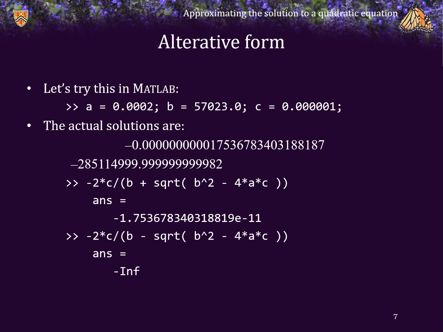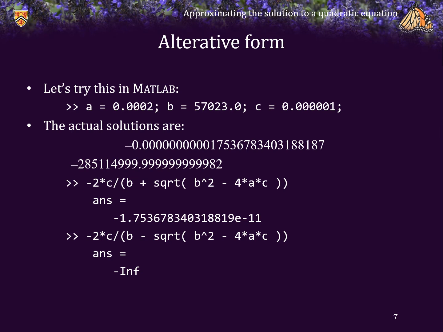Okay, so now we have two formulas for finding the roots of a quadratic equation. One which seems to be reasonably good at giving us the larger of the two roots, and the other appears to be better at giving us the smaller of the two roots.